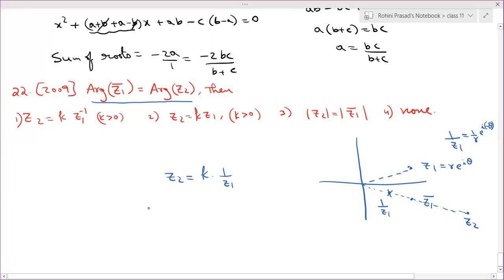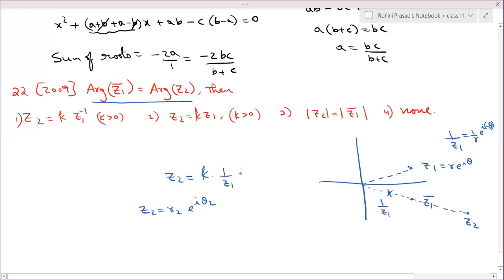So suppose z2 is some r2 e power i theta, then 1 by z1 is also a constant times that.